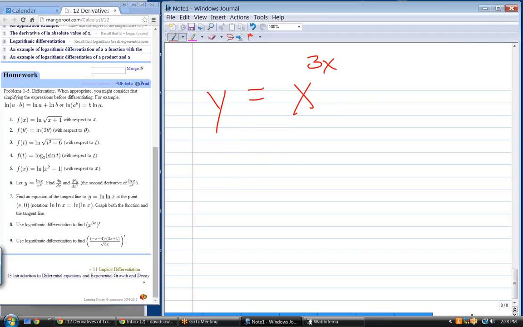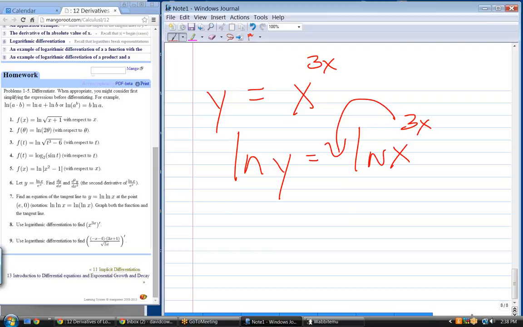What if we take the natural log of both sides? Okay. So now we have the natural log of y equals the natural log of x to the 3x. Now we can apply the rules of logs and bring this 3x down here so that we now have natural log of y equals 3x natural log of x.